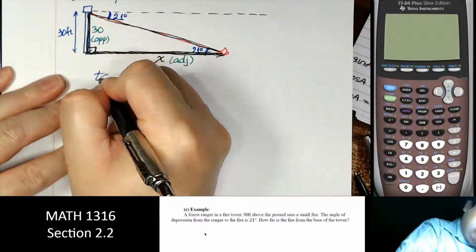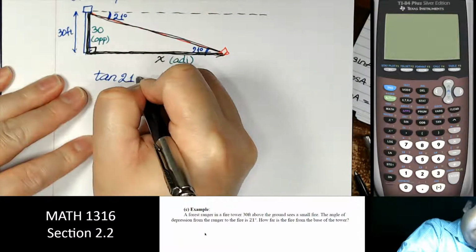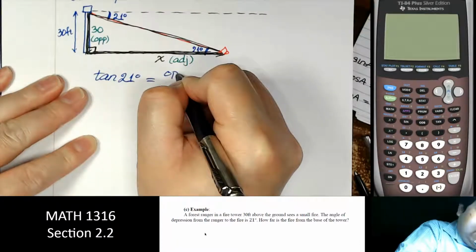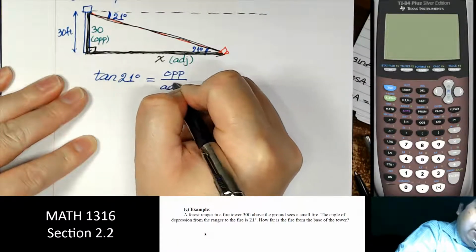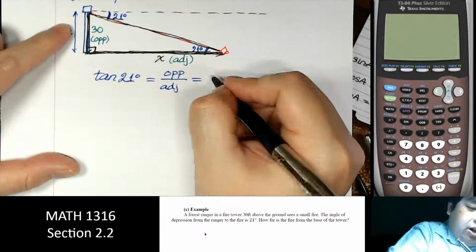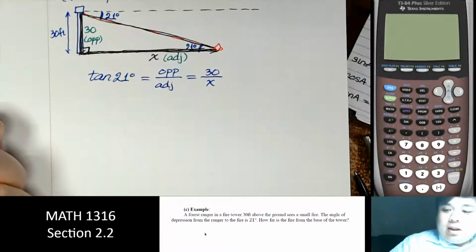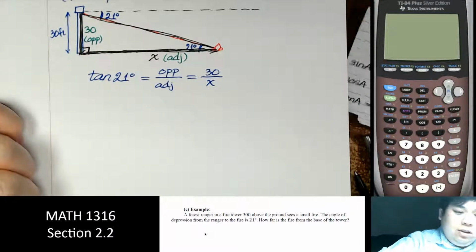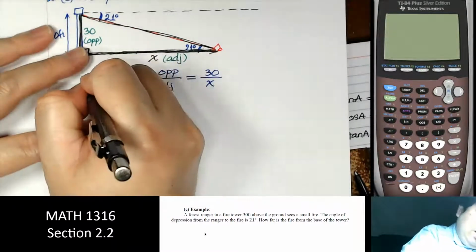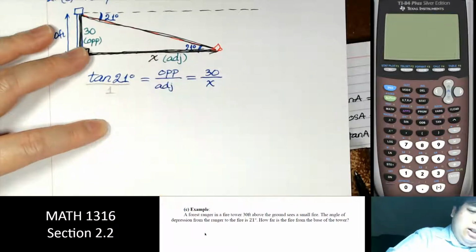So I have tangent of 21 degrees, opposite over adjacent. Opposite is 30, adjacent is x. And then we can make a ratio.